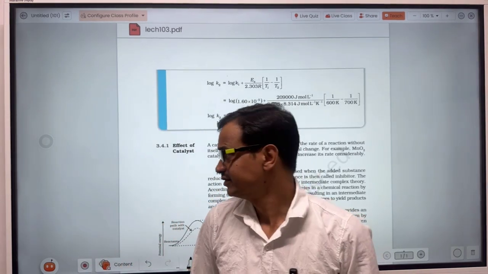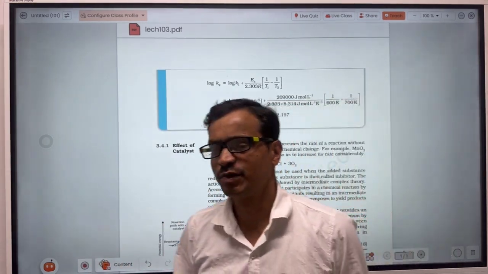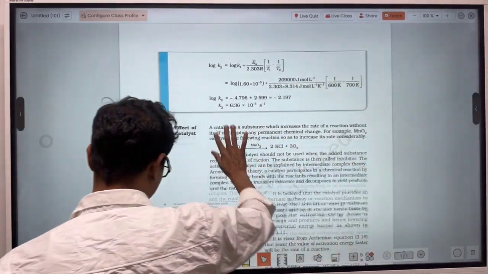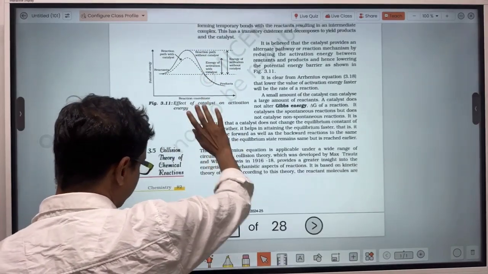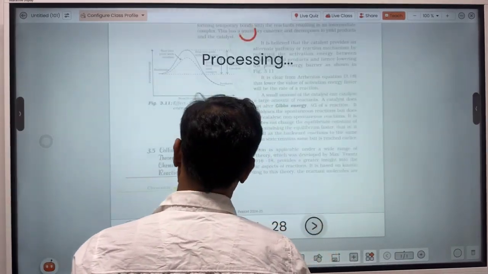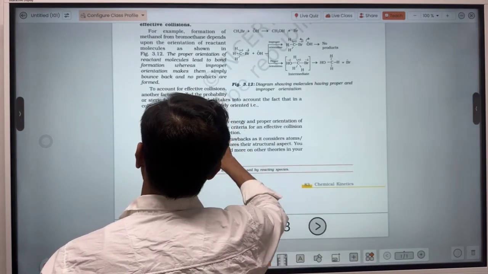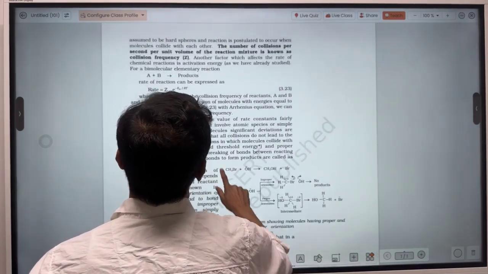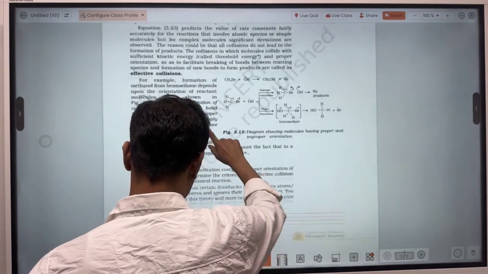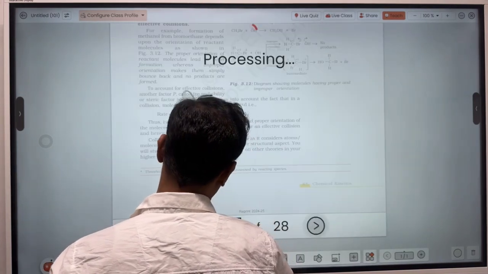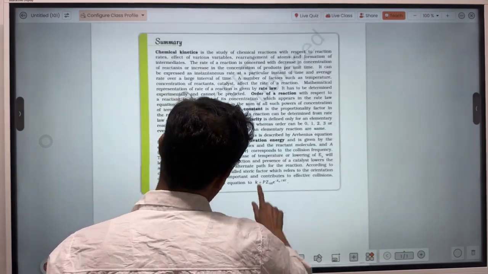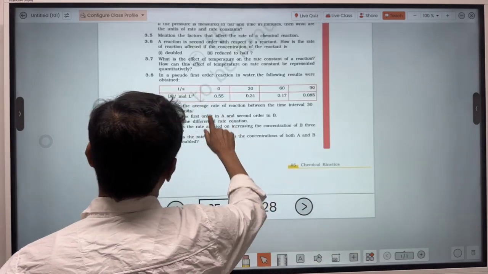Okay, now in the next video, we will discuss the effect of catalyst, what a catalyst is, and the collision theory of chemical reactions. In addition to that, we will also discuss some important numerical questions of the exercise.